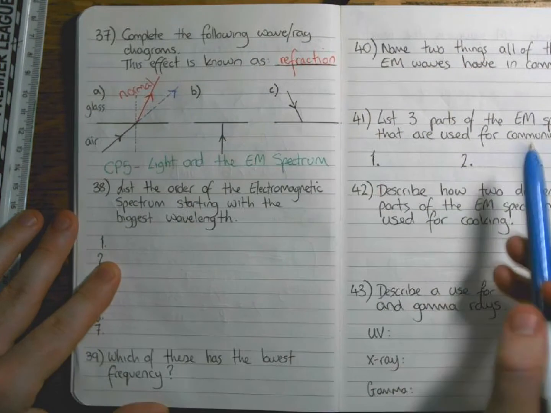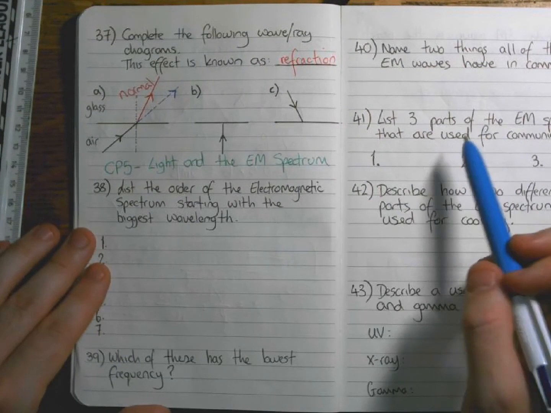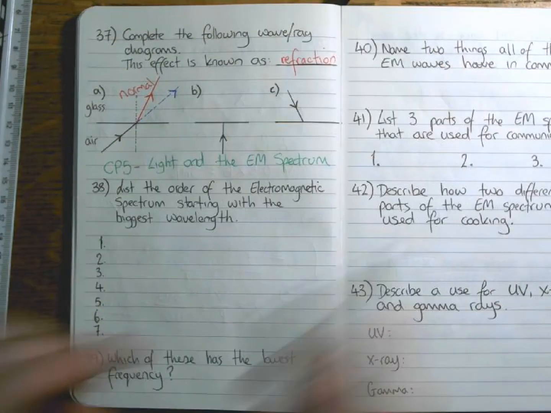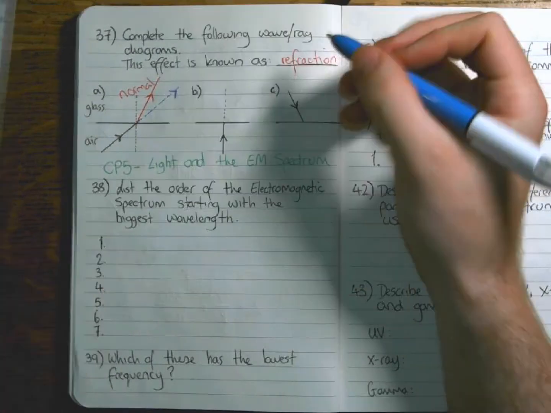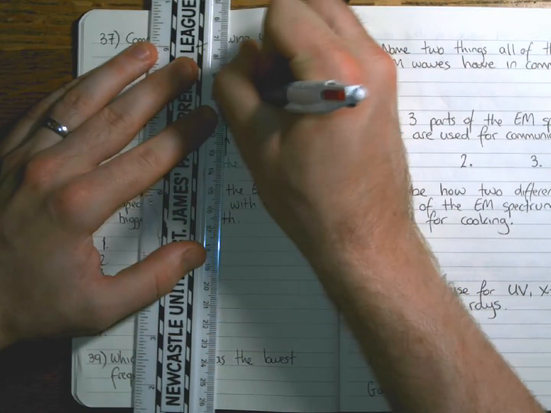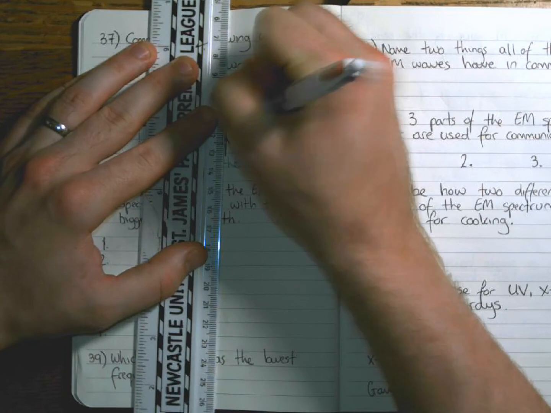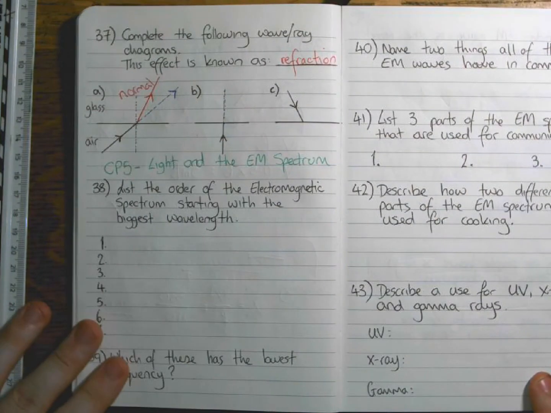Turns towards the normal. What about if it hits straight on? Well, we can't see it, but if we were to draw the normal, I should have used a ruler there. That's me being bad. You should always use a ruler when doing ray diagrams.